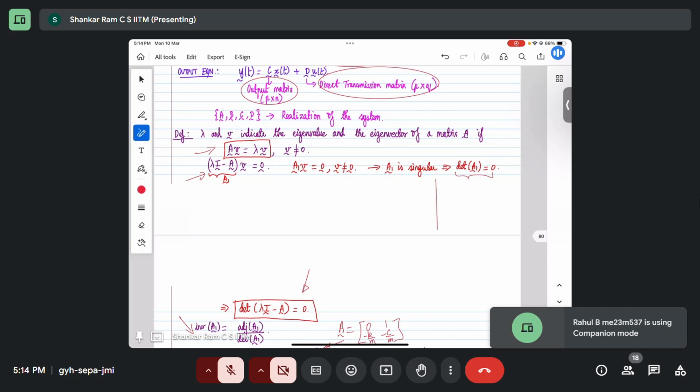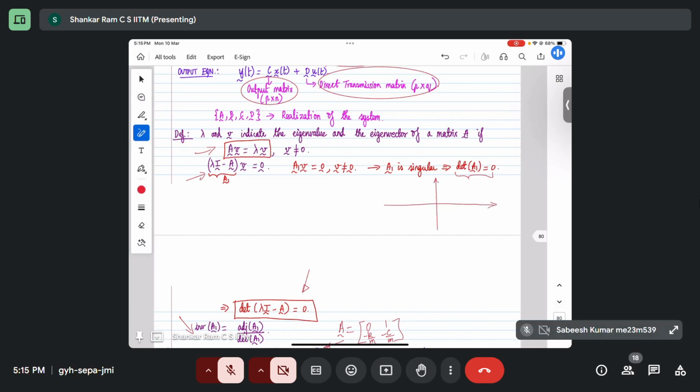This is a very special interpretation, Roshan. We will look at it later. Let's say you take a two-dimensional space, and let's say you have a vector. An eigenvalue lambda can either scale up this vector or scale it down.